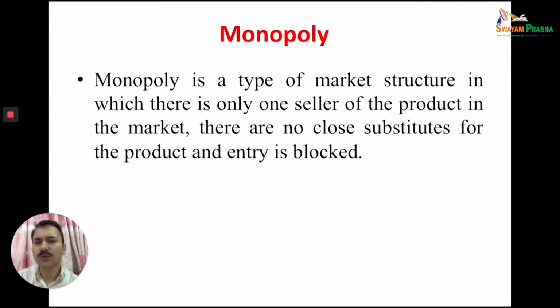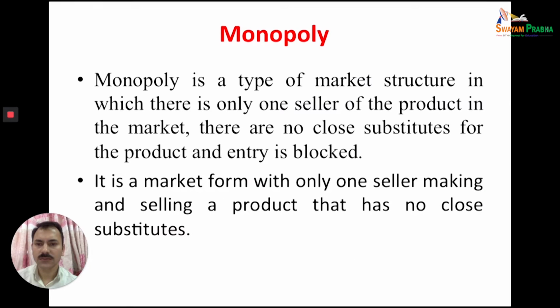So monopoly is a type of market structure in which there is only one seller of the product in the market. There is no close substitute for the product and entry is blocked. It is a market form in which only one seller makes and sells a product that has no close substitutes.